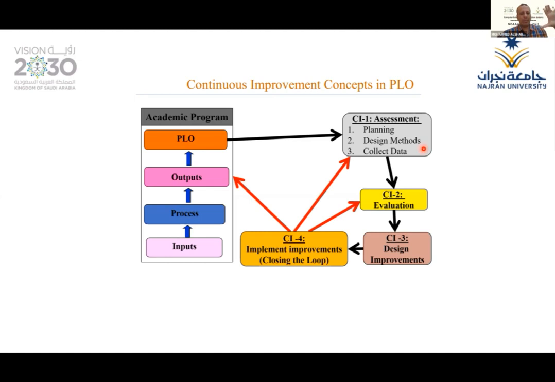It's 4 steps: assessment, evaluation, designing improvement, and closing the loop, or implementation of improvement. But reviewers sometimes like to hear some keywords. They like, closing the loop, okay, as implementation of the improvement.